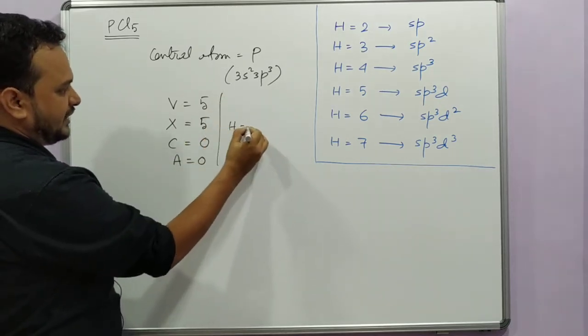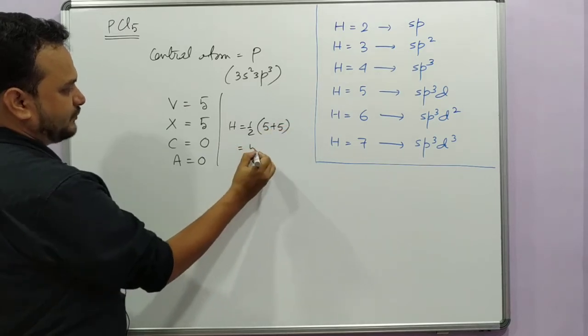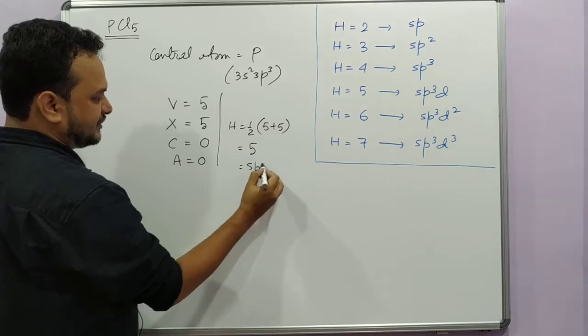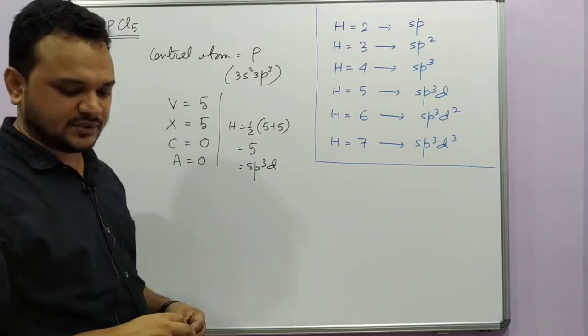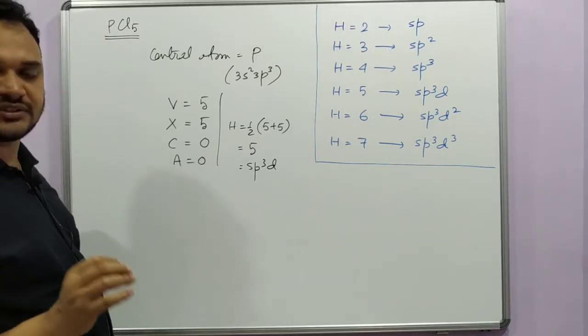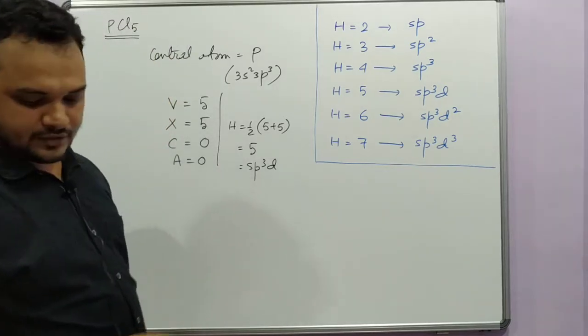So what should be H? Half into 5 plus 5, that gives you 5, and H equals 5 means sp3d hybridization. In this way we have checked that our formula gives a good result, right? We can obtain the exact state of hybridization of the central atom from the given molecular formula.